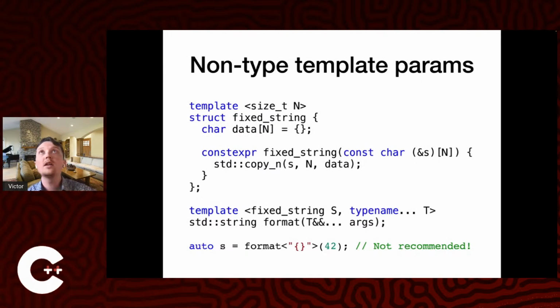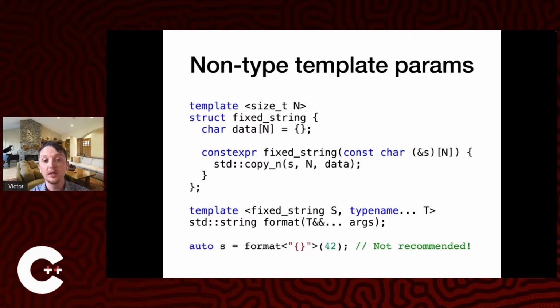So what are non-type template parameters, or specifically, how can we pass classes there? In C++20, let's say we want to pass a string as a template parameter.